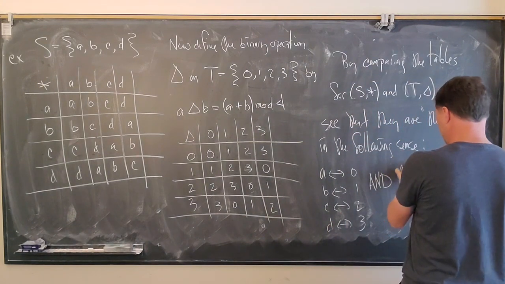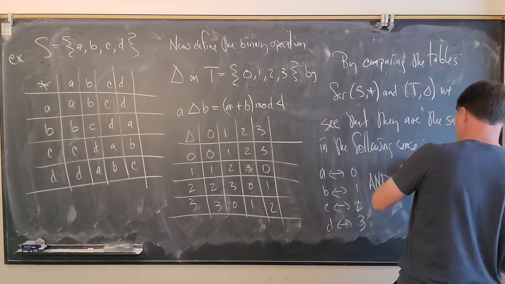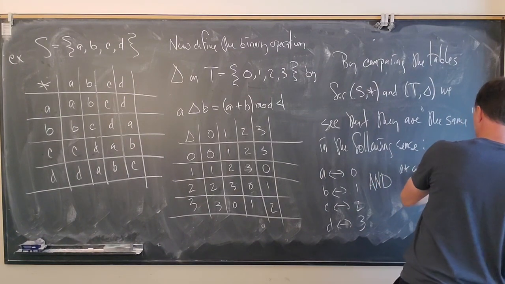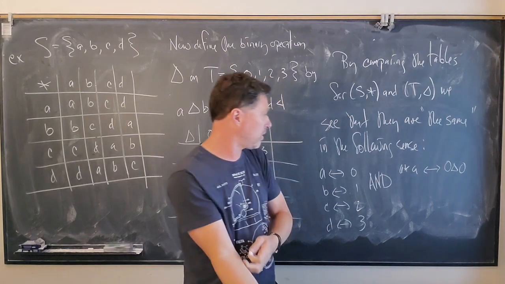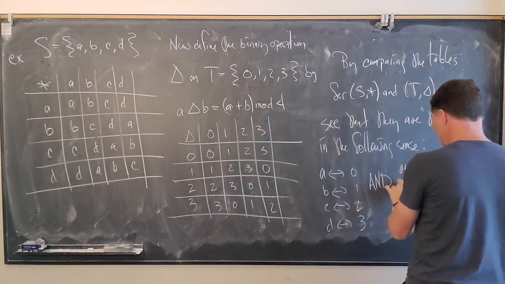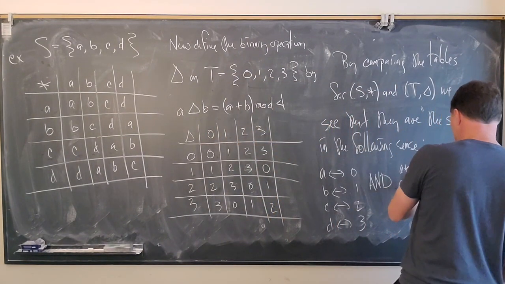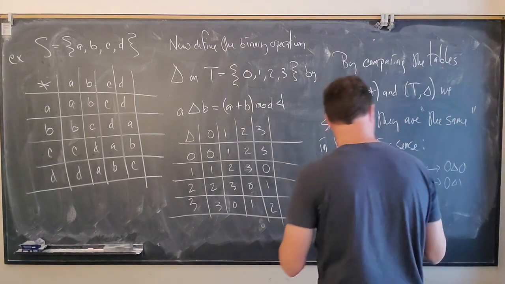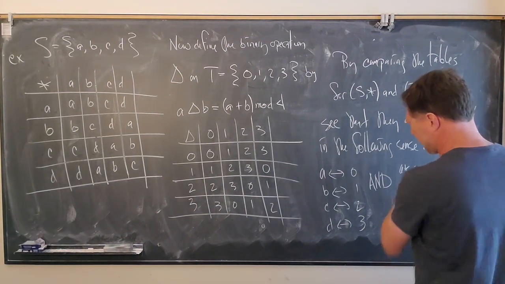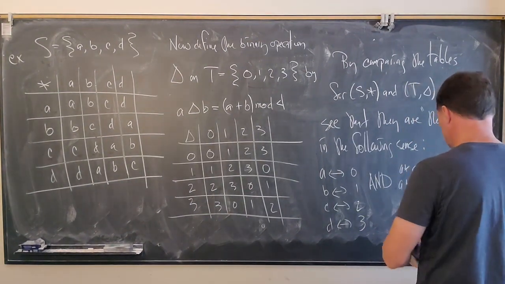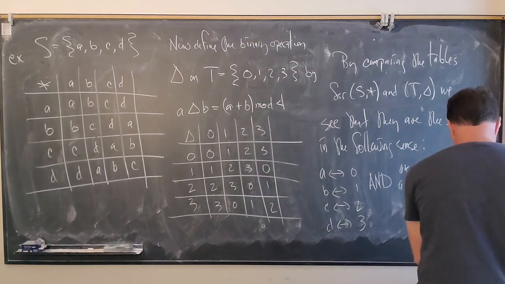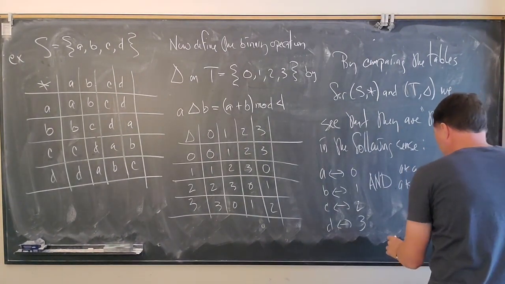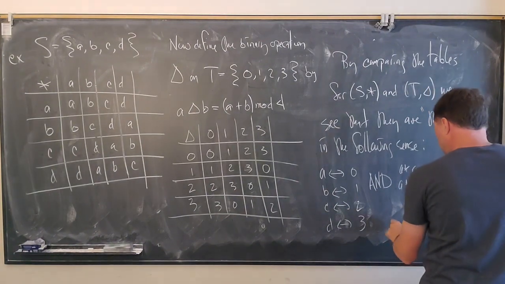A star A corresponds to 0 triangle 0. And A star B corresponds to 0 triangle 1. I'm not going to write down all of them, there's 16 different ones to write down. Just pick one.